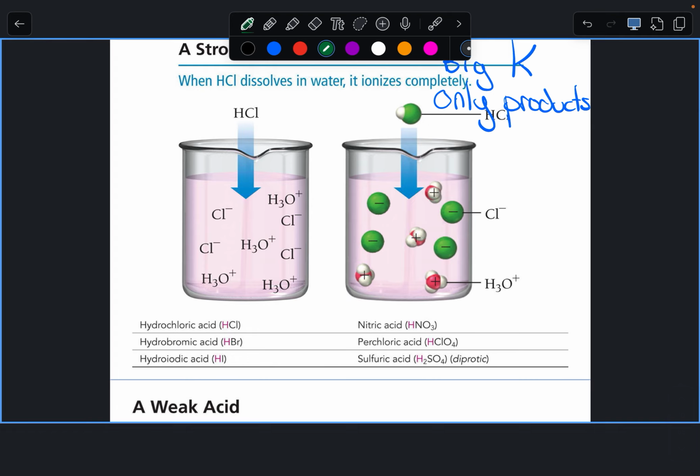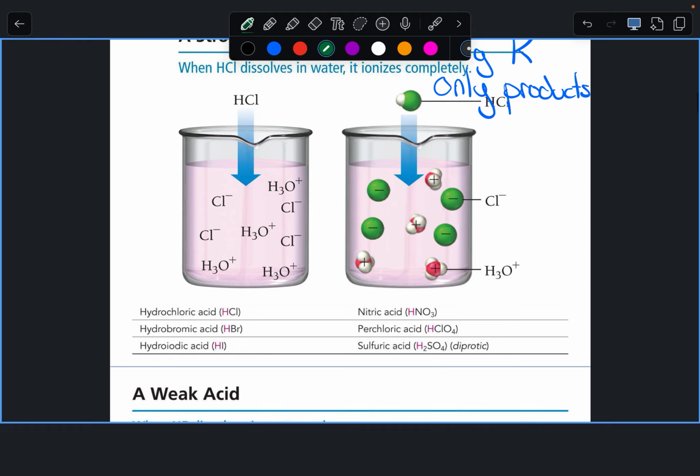So if it's one of those, HNO3 was the second one on our list today, that means it goes all the way to products. There's not going to be any HNO3 left over. It's all going to get converted to H3O plus and NO3 minus. So that's when we write the single arrow. Not even just product favored, but only products.